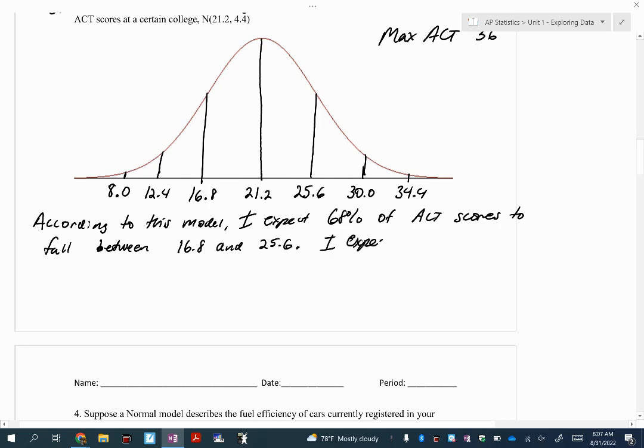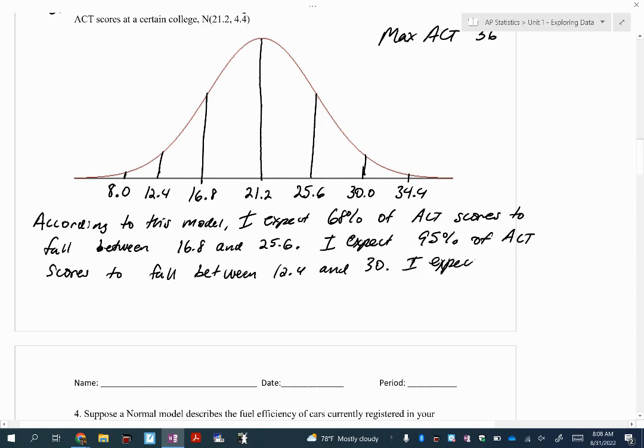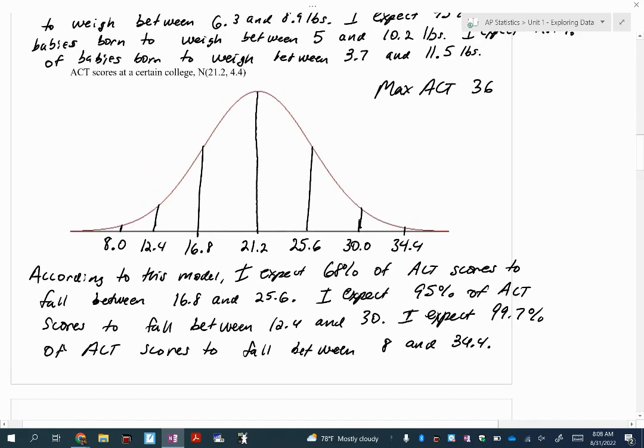I expect 95% of ACT scores to fall between 12.4 and 30. And then finally, I expect, and this is where I would say almost all, 99.7% of ACT scores to fall between 8 and 34.4.